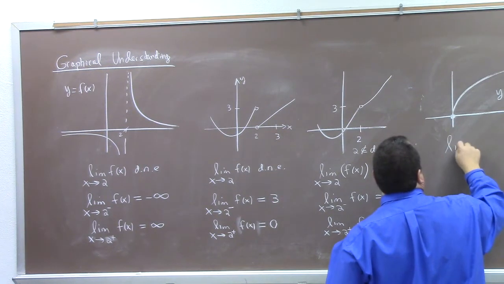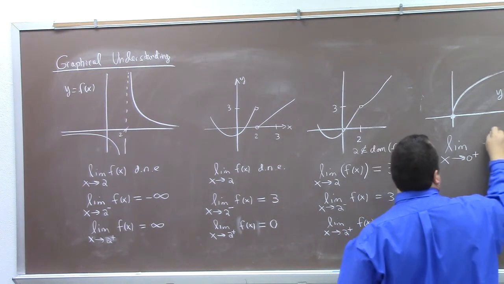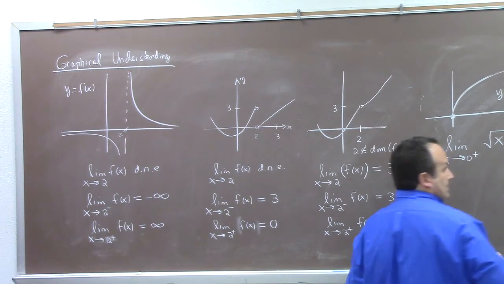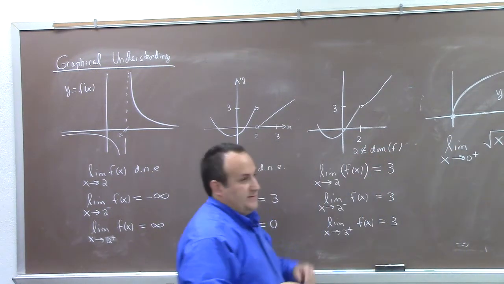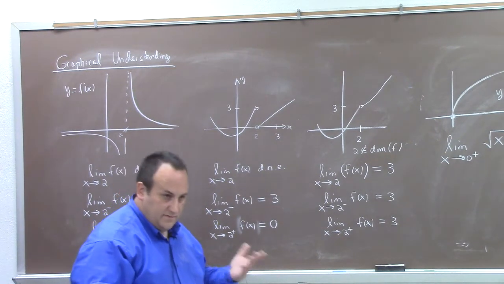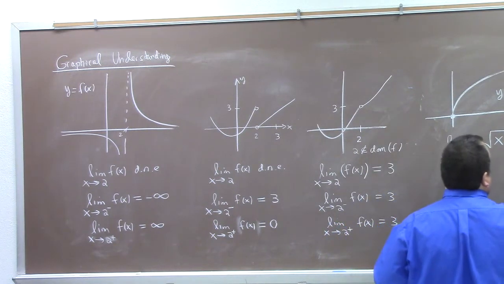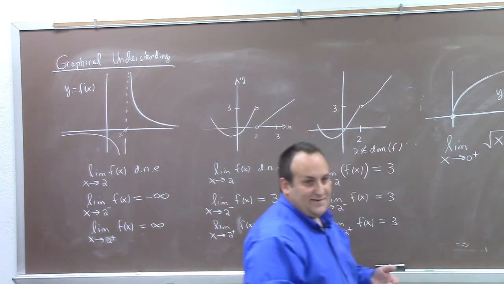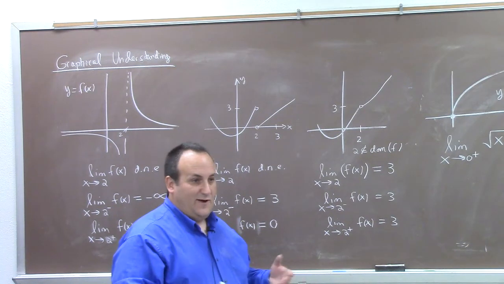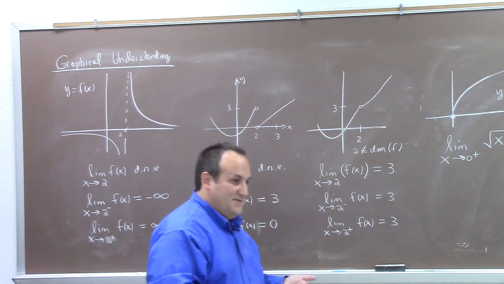So it makes sense to talk about the limit as x approaches 0 from the right of the square root of x. This is a meaningful limit. It's well defined. The answer is 0. I could prove that with epsilons and deltas if we all had much more coffee, you know, time, I don't know.